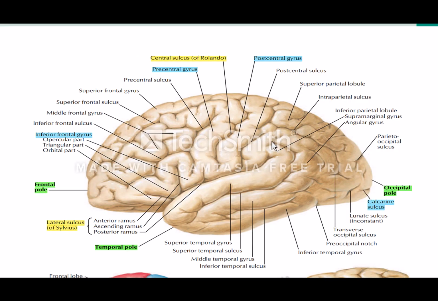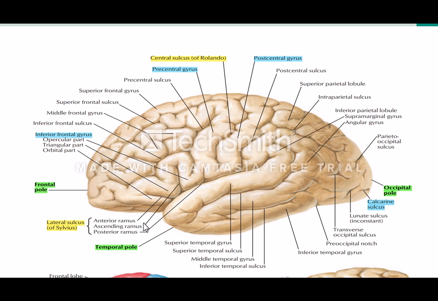So this is the lateral view of a cerebral hemisphere. It looks like a left cerebral hemisphere. And that's the frontal pole. So there are 3 poles, or 3 narrowed projections, if I describe it that way.